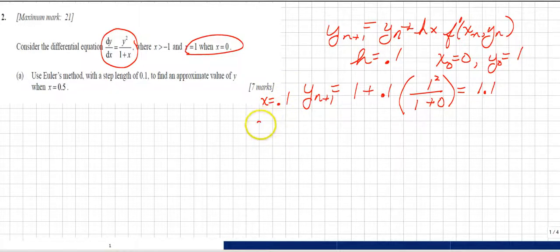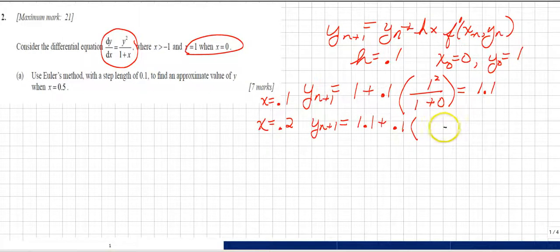So the next step would be when x equals 0.2. It's just a repetition of the previous formula. The next y sub n plus 1 equals the previous y, which is the previous result of 1.1, plus h, which is still 0.1, times the derivative evaluated using the previous x and the previous y.